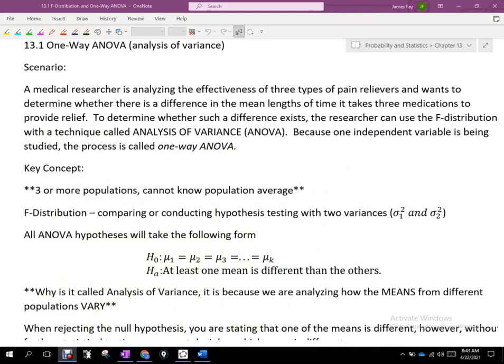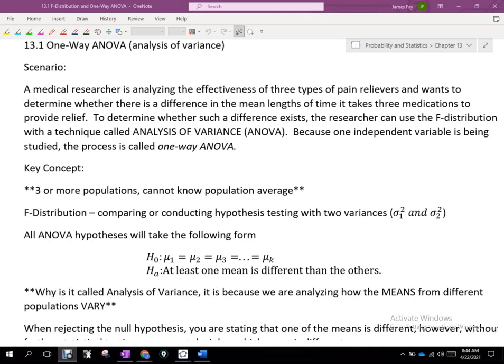But the key concept here is that our null hypothesis, as we've been working previously, has always been comparing 2 things, right? You compare maybe 2 means from populations, or maybe we would go back to chapter 9 where we're just using hypothesis testing for 1 mean. Chapter 10 is working with 2 means.